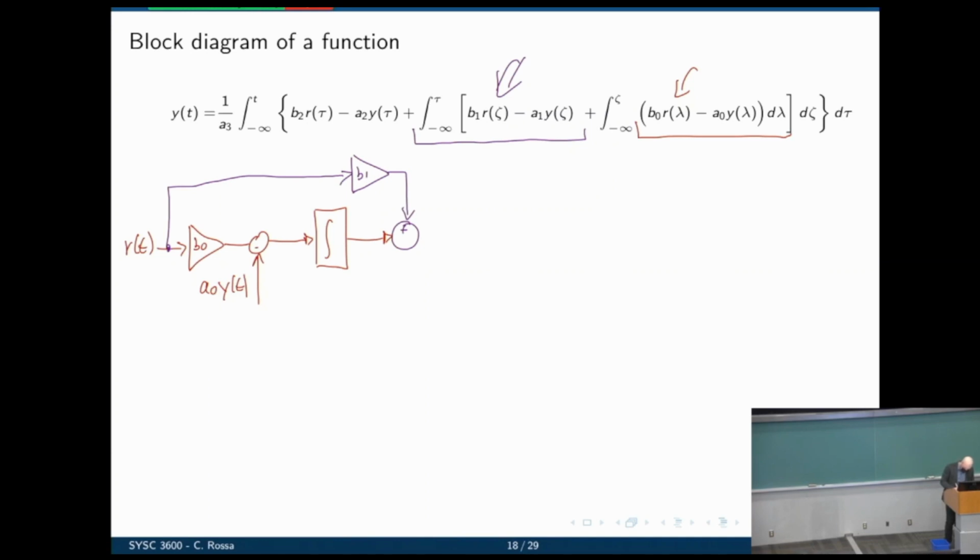And I want to subtract a1 y of t, which is that. And now we can take the integral again. And the result of this, the purple part, is the center integration.